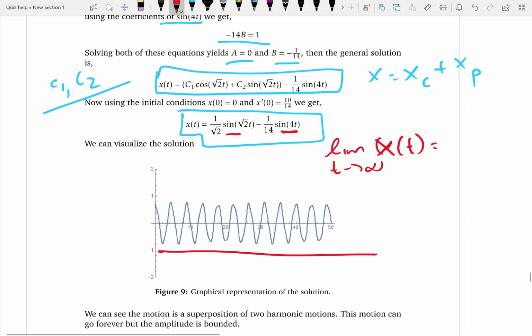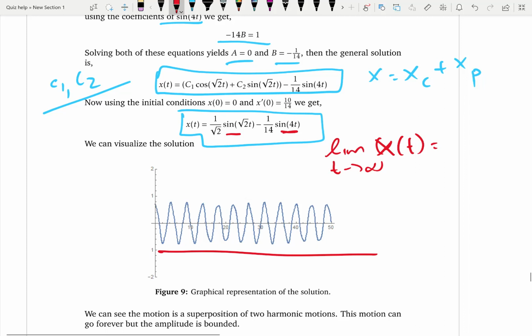Here the motion is really not determined by the particular solution alone eventually. It's a superposition of the particular solution and the complementary solution, because the complementary solution does not have an exponential decay like the examples that we saw in previous videos.